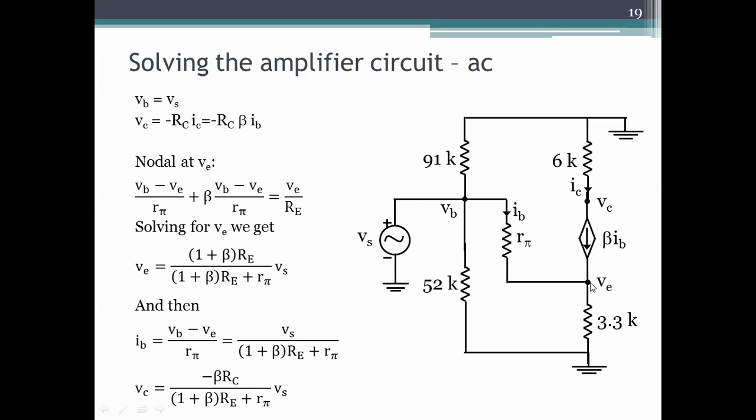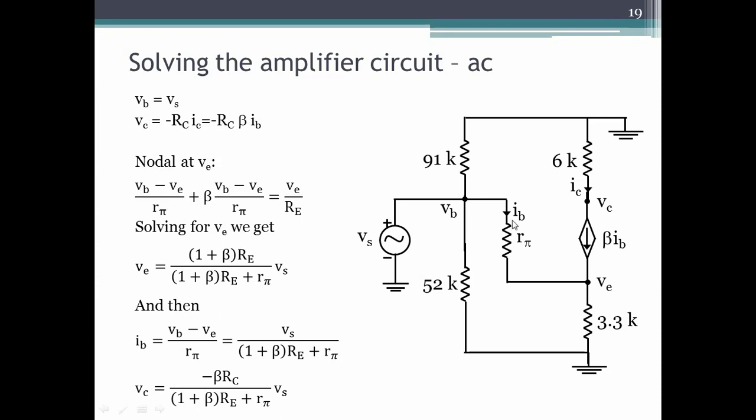So we really need to write only one nodal equation, at VE, and we'll solve it and get everything else. So, 3 currents, sum of 3 currents equal to 0, and for once I'm taking the current flowing into the node as positive.